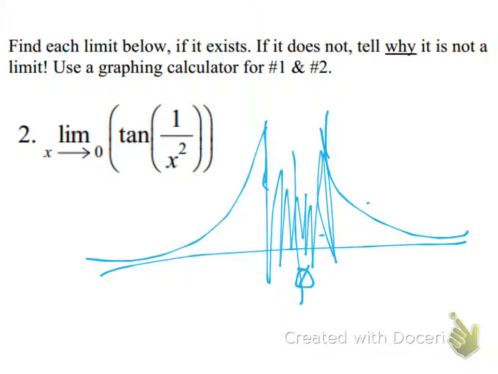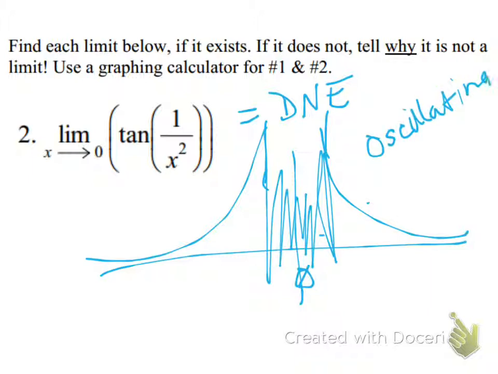Anything that's oscillating between two values, backward and forward, it's never going to stop and it's not going to have a bound. So, the limit as x approaches 0 of tangent of 1 over x squared does not exist, because of its oscillating behavior, which we've talked about in class. So that's why this limit does not exist.